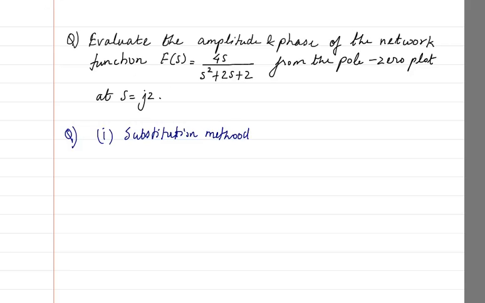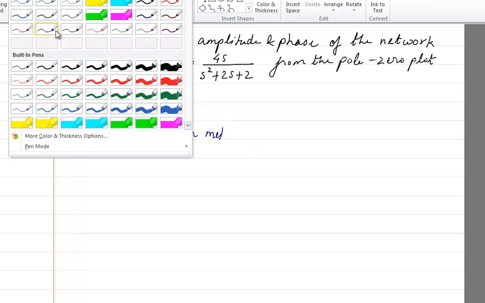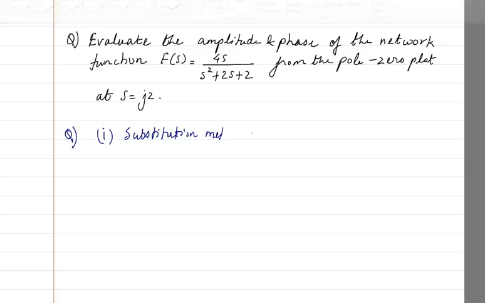Where I am basically going to take F(s), and instead of s I am going to replace it by 2j or j2, whatever. Now before I do that, I should always remember that first I have to make my function in this form.